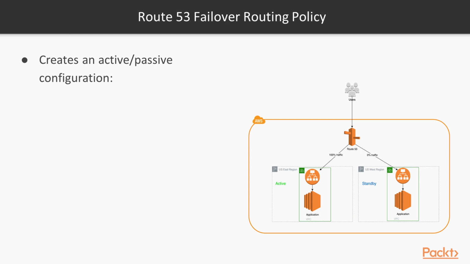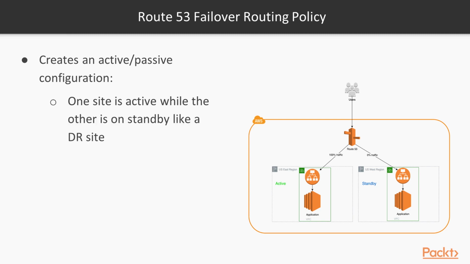If something happens to the US East region or the application or the infrastructure there, and the health of that application becomes compromised, Route 53 will route the traffic over to the standby region. And this is done all within Route 53, defining a failover routing policy. So one site is active while the other is on standby as a DR site.